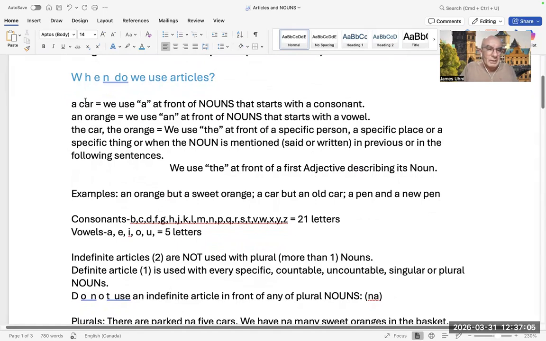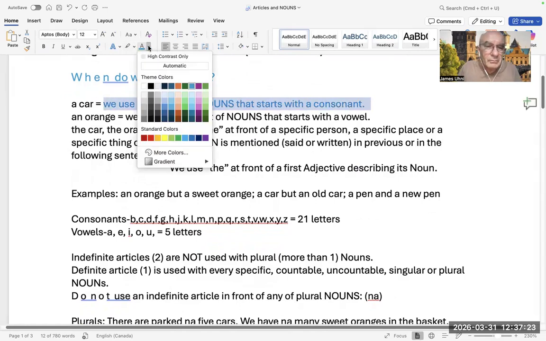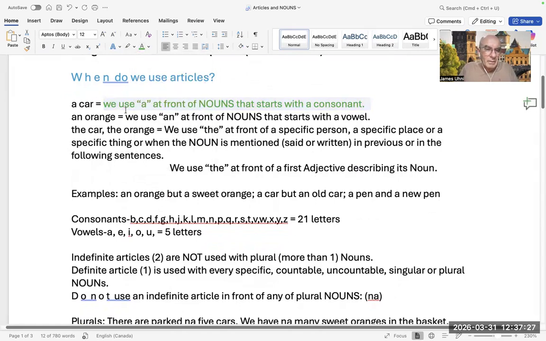Wow, that is very important. Do you remember what consonant was? I think consonant was green, right? So let's make it green.